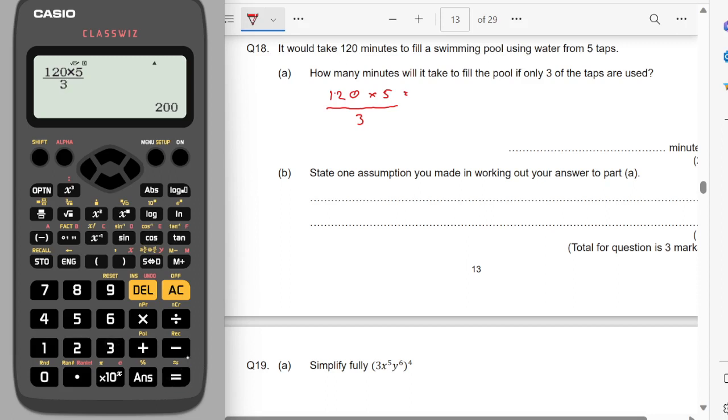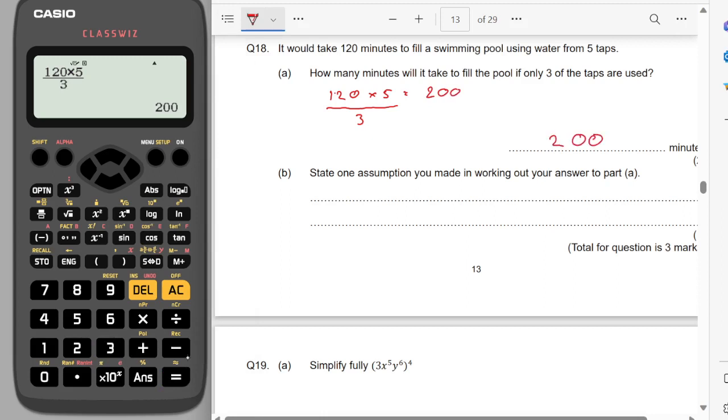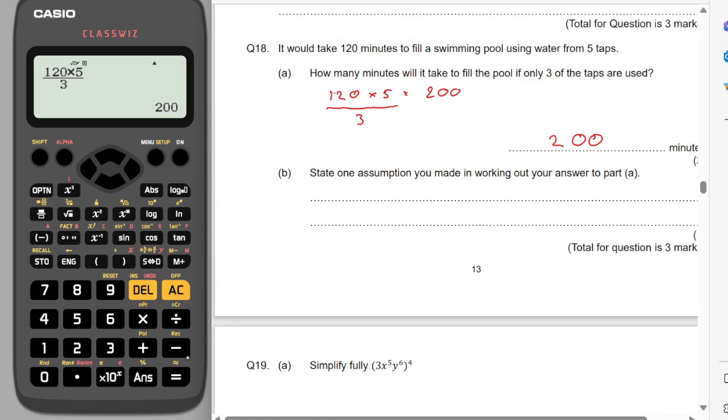So it's going to take 200 minutes. State one assumption you made when working out your answer to part A: that all taps fill at the same rate. Same rate.